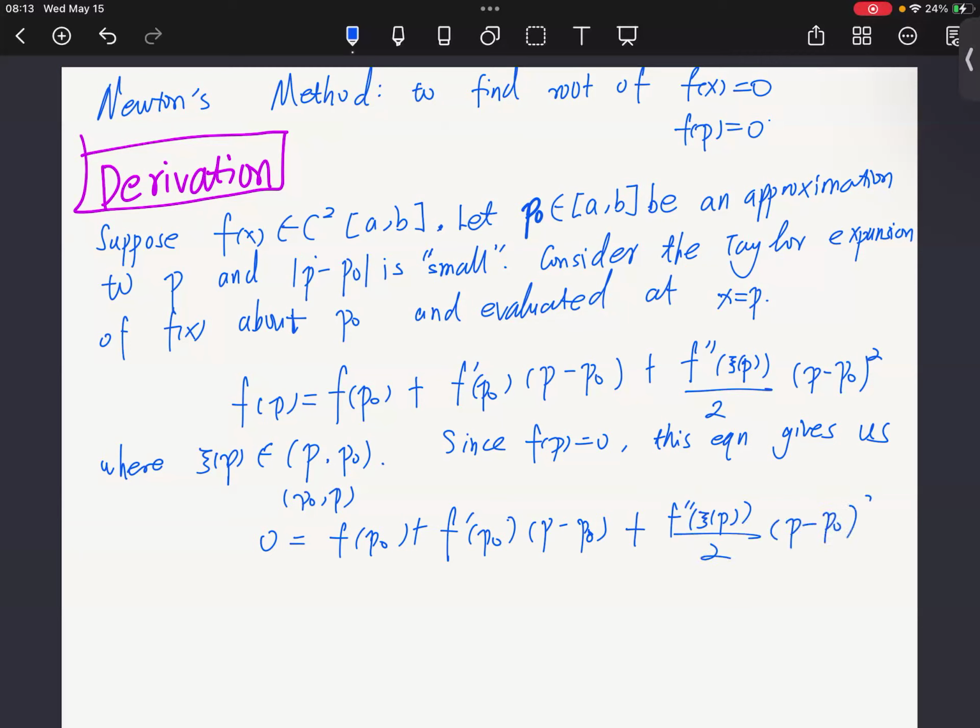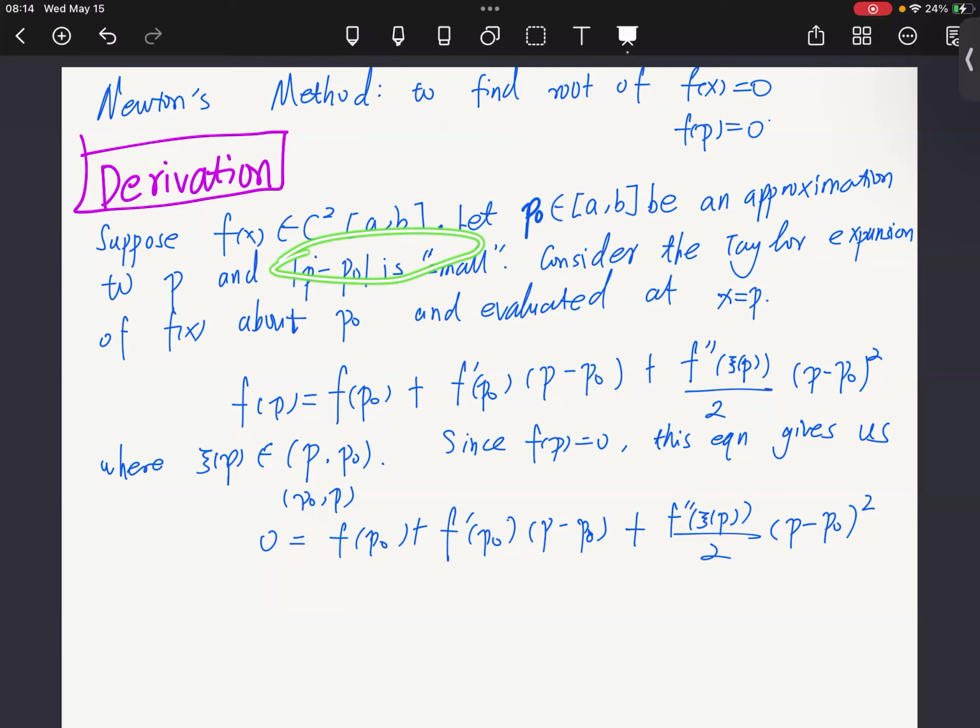And as we just said, p0 is close enough to the solution p. We have assumed that p minus p0, the difference between them, is small enough.